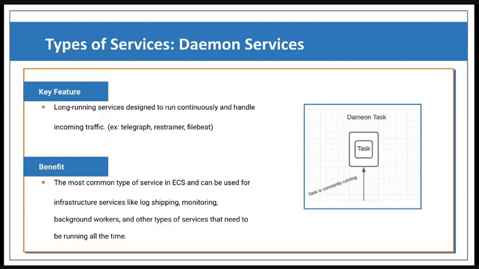For that, daemon services come in handy, because using daemon services we make sure that these collector agents are running all the time, and we don't have to worry about a new instance coming up and having to start all of these agent services ourselves. No, we just define this as a service, and we say that we are introducing a daemon service.